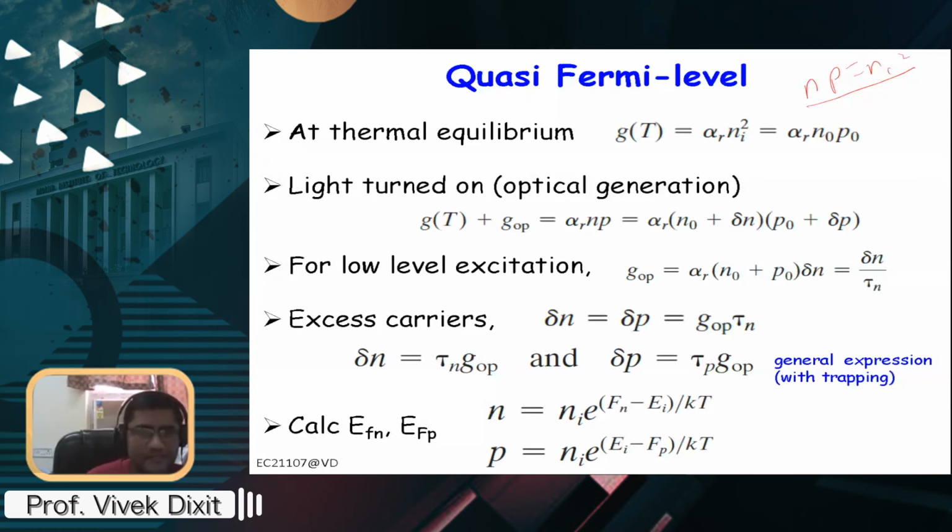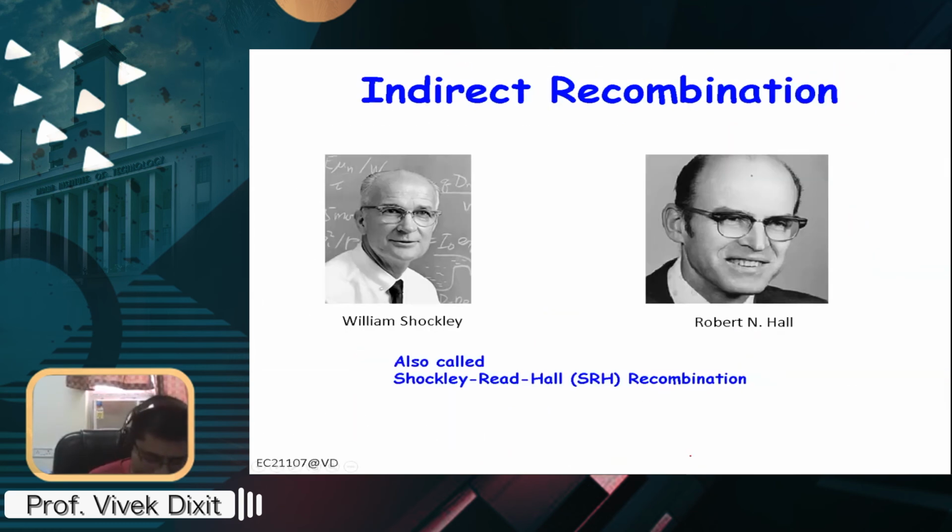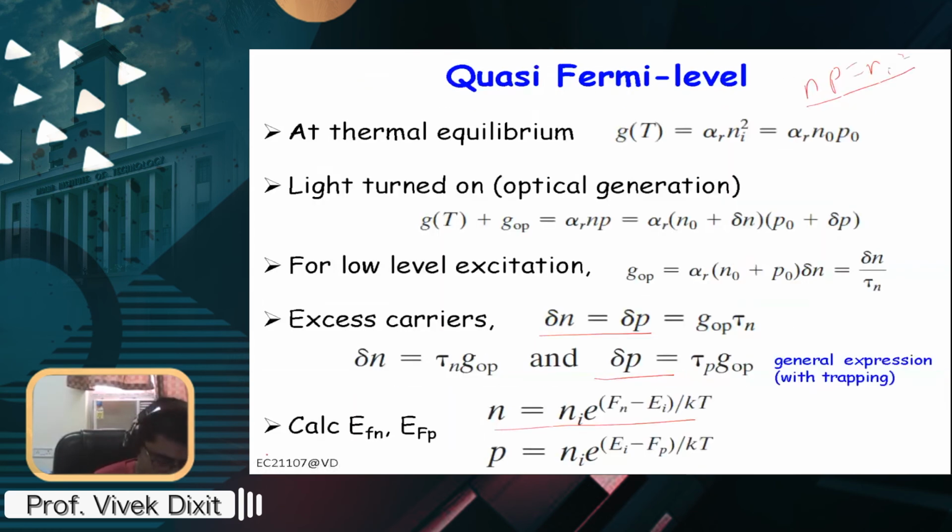So n will become n naught plus delta n, and p will become p naught plus delta p. From that, we can write the expressions for electron and hole concentration, which we have already seen.